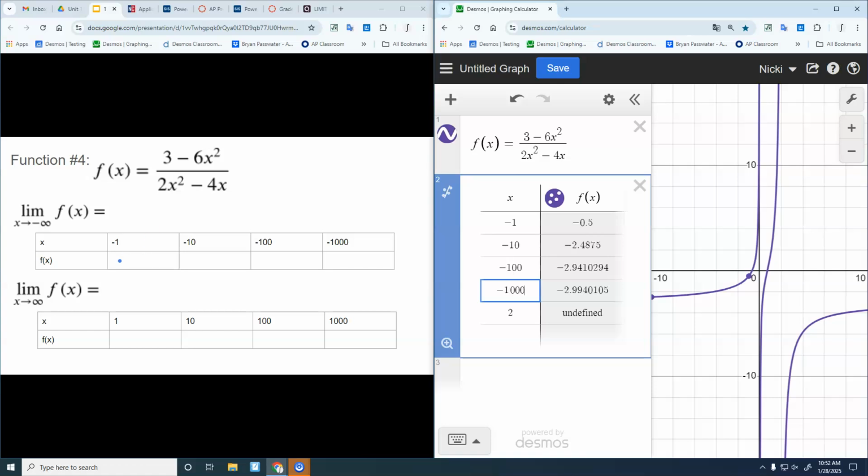Now look at here. I'm getting -0.5, -2.4875, -2.941, -2.994.